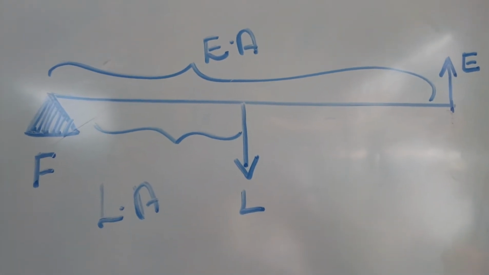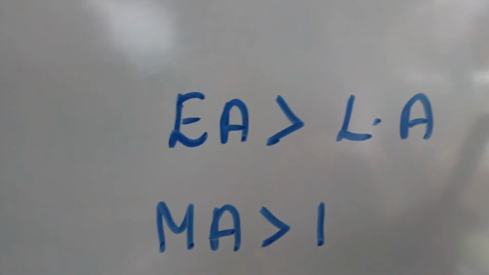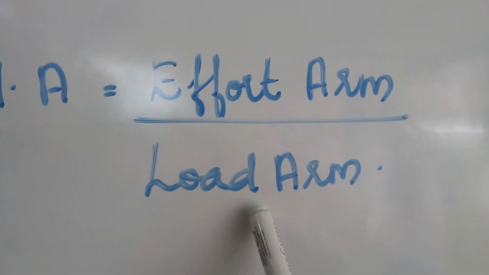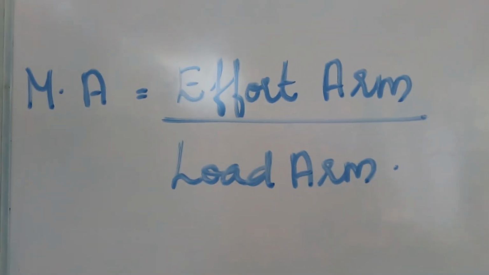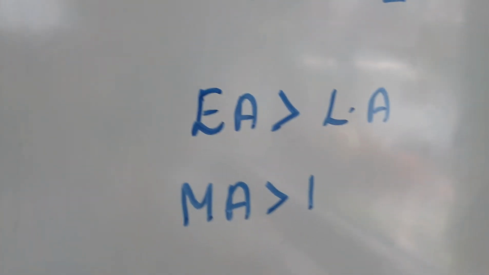So let us calculate the value of mechanical advantage. What is the equation for mechanical advantage? Mechanical advantage is equal to effort arm by load arm. So in this case, mechanical advantage is greater than 1, as the effort arm in the numerator is greater than the load arm in the denominator.